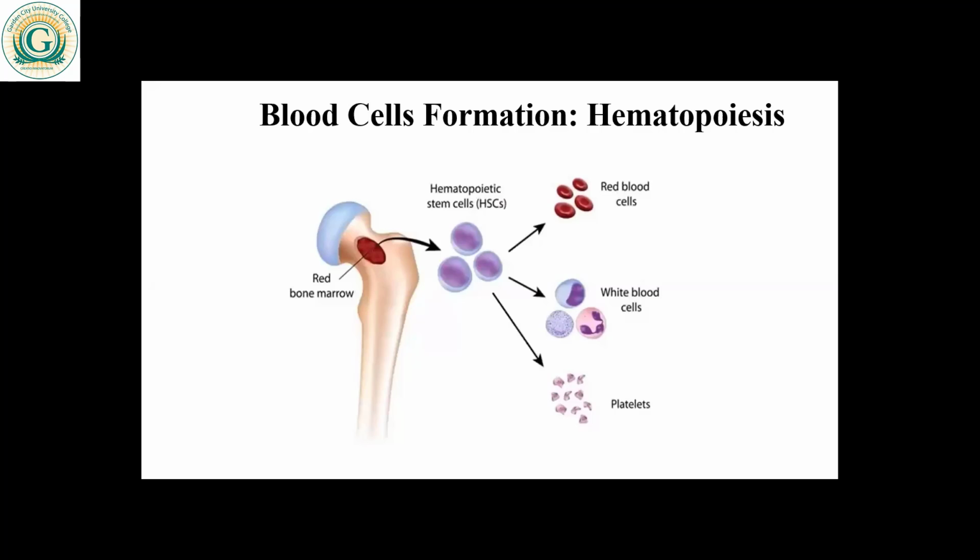And these stem cells, as I said, are the cells that will differentiate to form different types of cells. And we mentioned earlier that it is these stem cells that will differentiate to form the red blood cells, the white blood cells, and the platelets that we have.